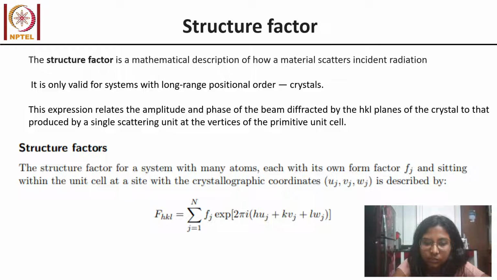In the structure factor equation, we have the structure factor amplitude of the beam which is diffracted by the hkl planes of the crystal. Why are we talking about hkl planes? Because according to Bragg's law, we can think of a crystal as an infinite number of planes of different h, k and l values, right?